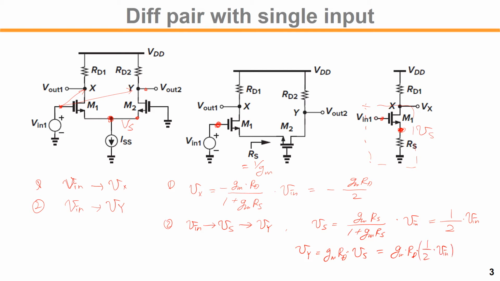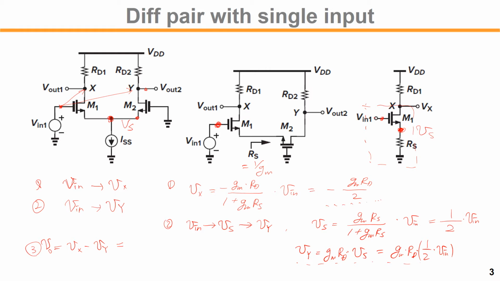So from this part and that part, we can find the third equation. Vx minus Vy would be the differential output, Vout.